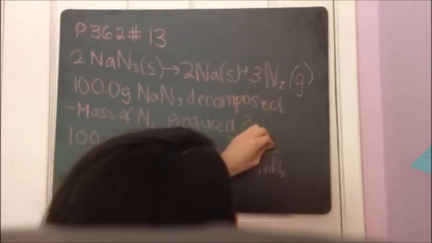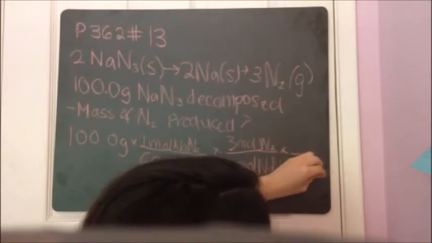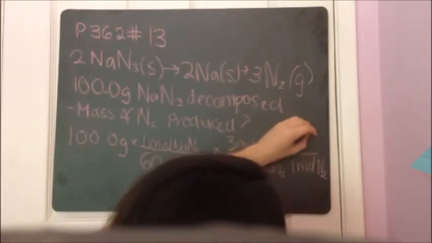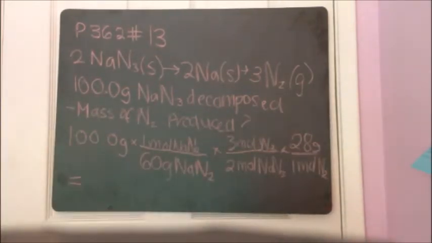And then I multiplied it by the mole ratio, which is 3 moles over 2 moles. And then lastly, I multiplied this again by the molar mass, which is 28 grams over 1 mole of N2. And my answer for this, I got 70 grams.